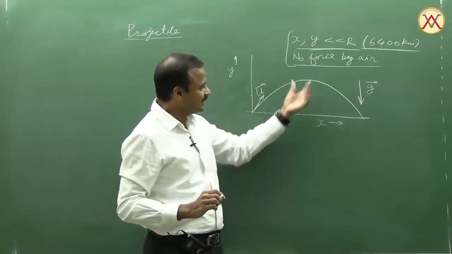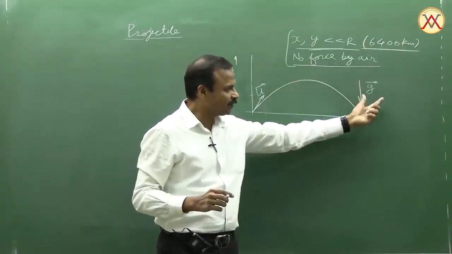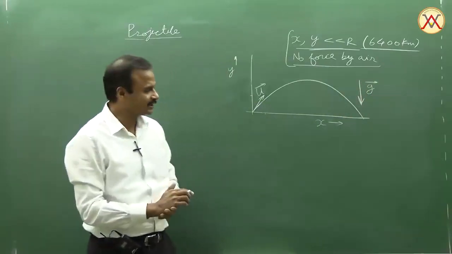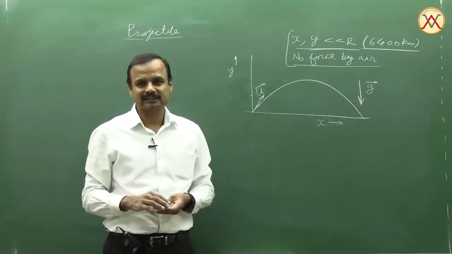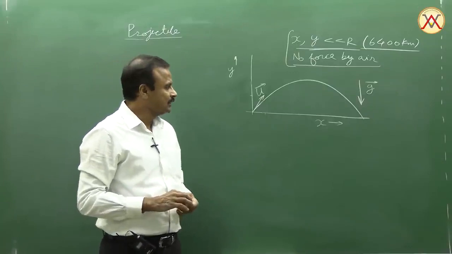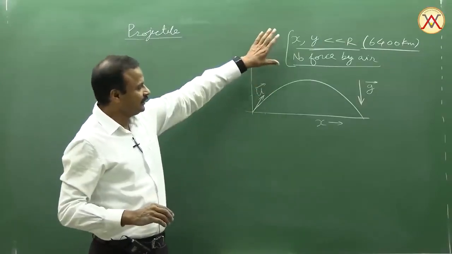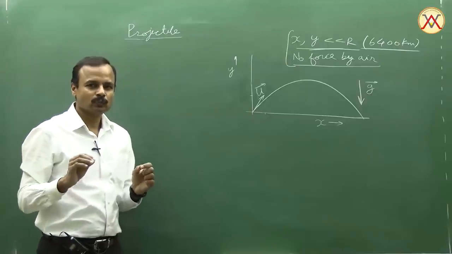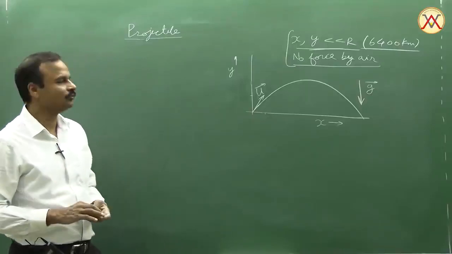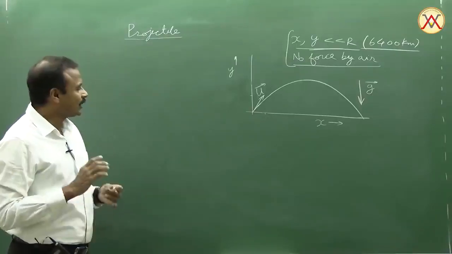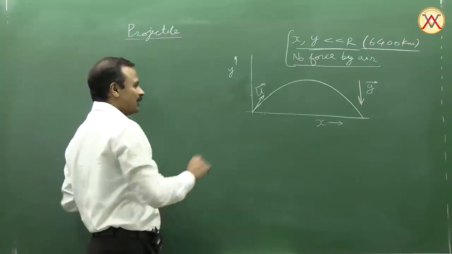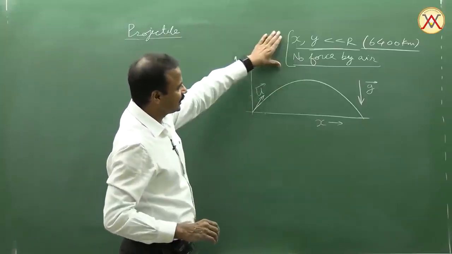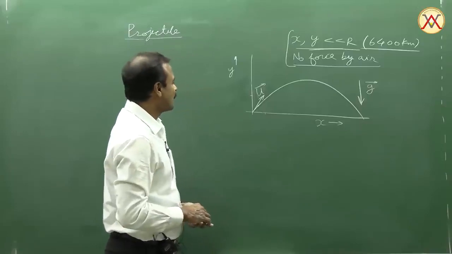If these conditions are not followed, then we cannot be sure that the acceleration will remain constant g vector. That is why we take these conditions, so that it is a case of motion in a plane with uniform acceleration.